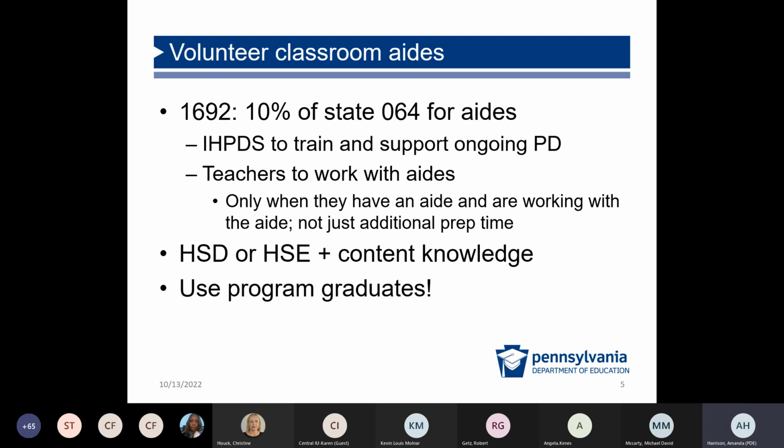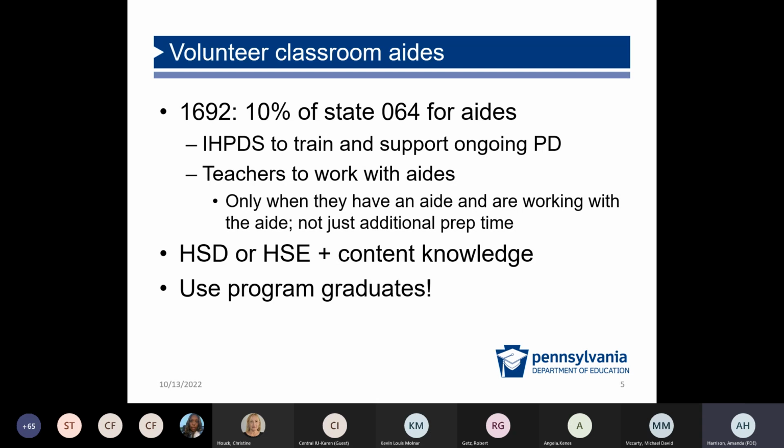The other thing that we realized in doing monitoring and talking to programs is that it does require time for a teacher to work with a volunteer. If a teacher has an aide working in their classroom, the teacher needs time to, one, prepare the resources that the aide will use, and also to support and prepare that aide to do the work.